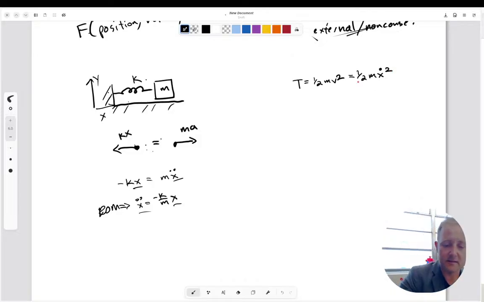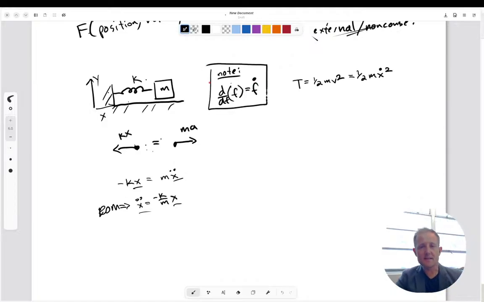As a little note, d/dt of any function f is the same thing as writing f dot, and d squared/dt squared is f double dot. Now my potential energy V is going to be 1/2 k delta x squared. I'm just going to write x, saying that if x is 0 then there's no spring stretching, so 1/2 k x squared.